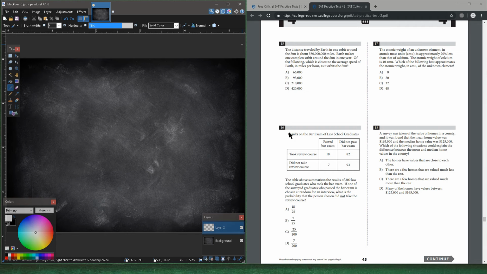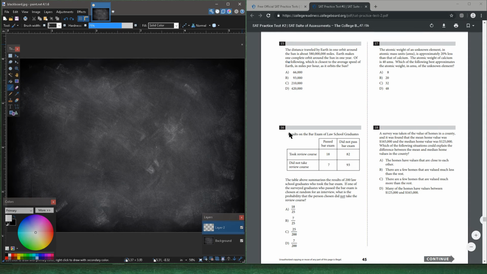There are a few homes that are valued much less than the rest. Well, that is not true, because if there are a few homes that are valued much less than the other ones, that means the mean has to be way lower. Think about it.